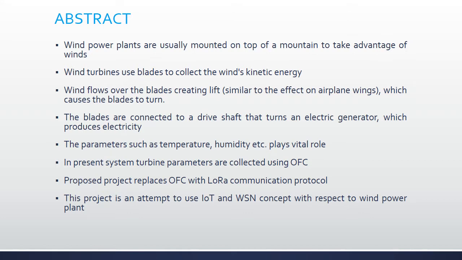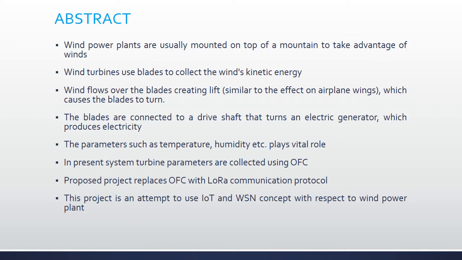When the blades turn, they cause movement in the electric generator, which produces electricity. The concept is simple. When wind flows over the blades, they start rotating, which in turn turns the drive shaft connected to the generator. This movement in the generator produces the electricity.